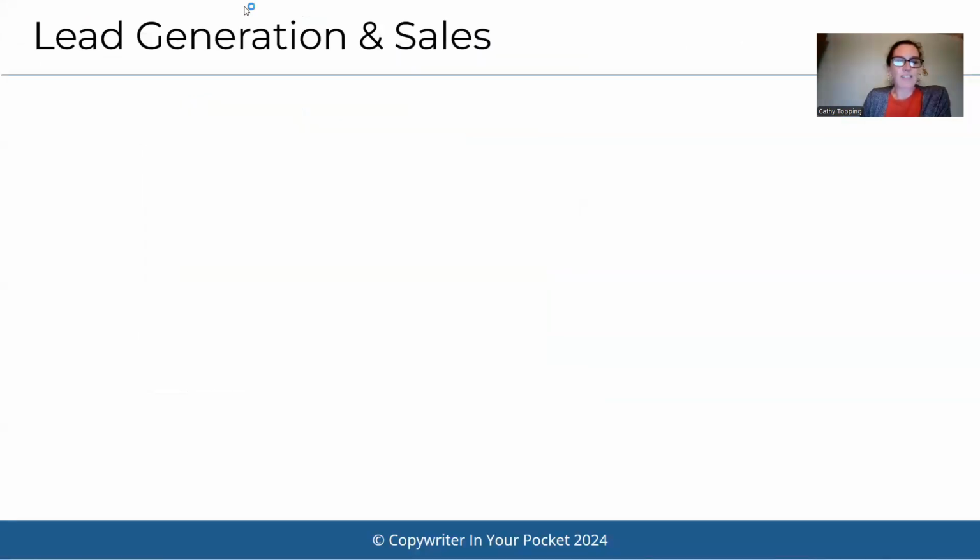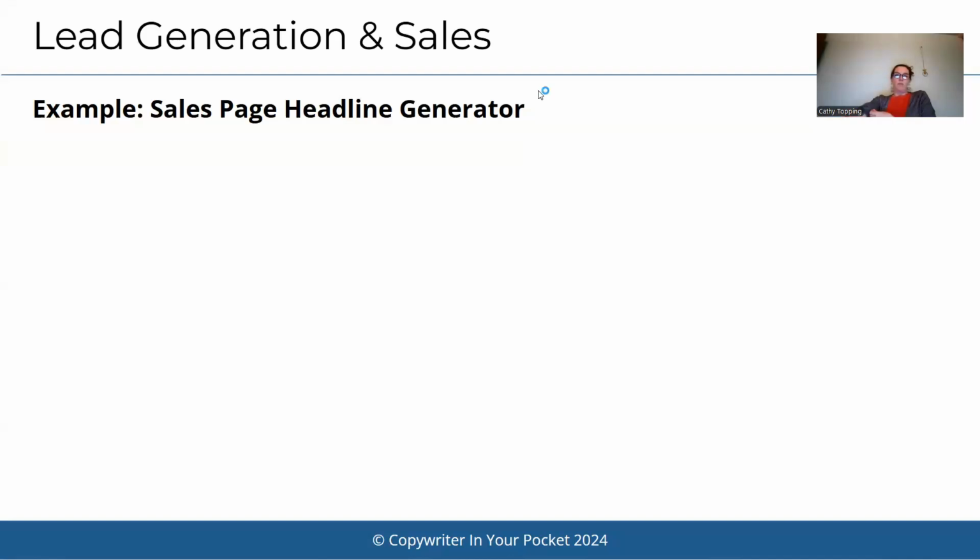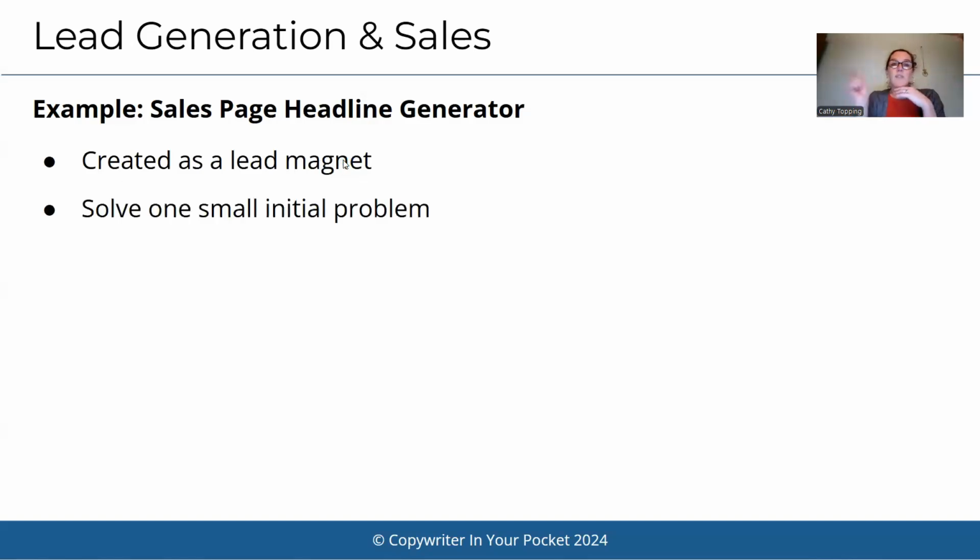Right, lead generation and sales. This is another of my copywriting tools, and I'm showing you this again as an example. I created this as a lead magnet, and it solves one small initial problem, which is what you want your lead magnets to do, right? You want to solve that first piece and then move them into your bigger paid offer to help solve the complete problem.